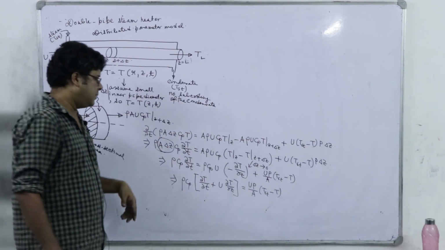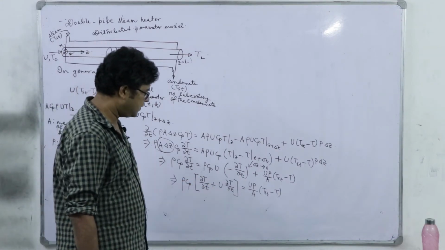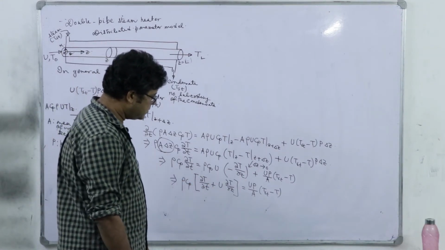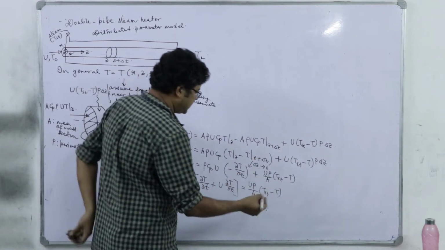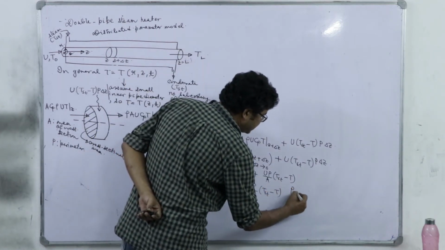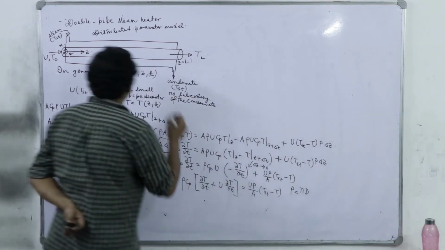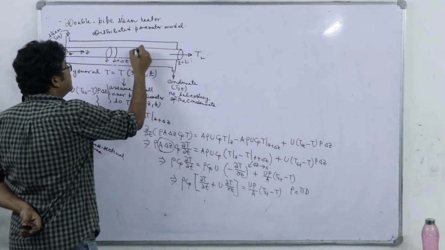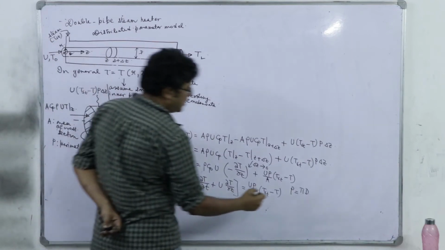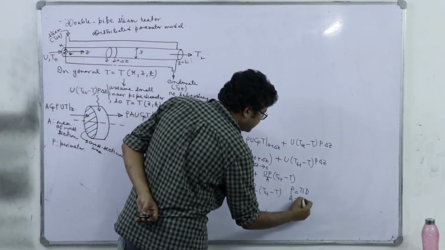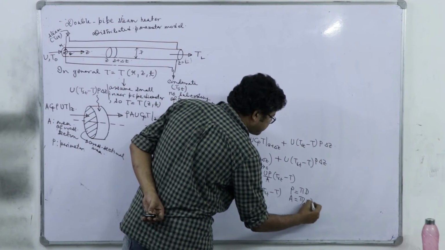So, that is my PDE, as you can see, and we can further simplify because it is a circular tube. So, P is equal to pi into D, where D is the diameter, and A is equal to pi by 4 D squared.